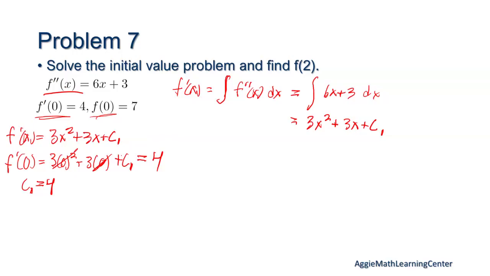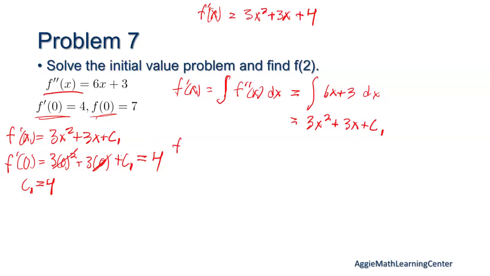Cool. Let's do it again. So now we have our f prime of x, which is equal to 3x squared plus 3x plus our c1, but we just found out that c1 is equal to 4, so we can replace that. It's 3x squared plus 3x plus 4.